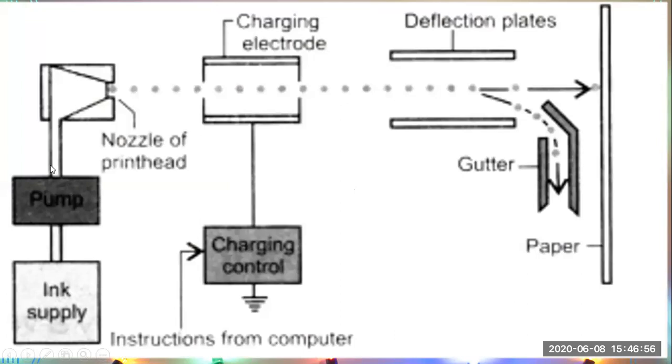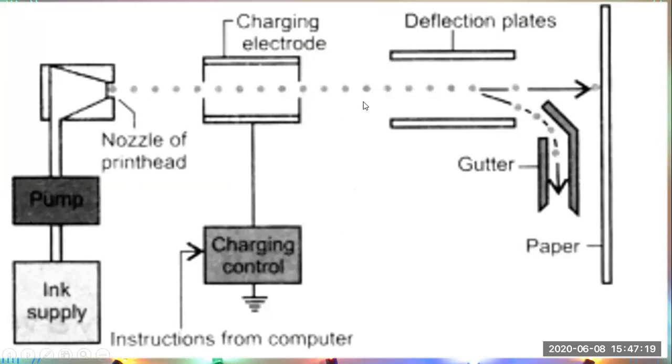The pump is pumping. When the ink moves through the nozzle of the print head, it splits up and breaks into small droplets of ink. These small droplets move through the charging electrodes, and with the help of computer-controlled programming, they get charged.